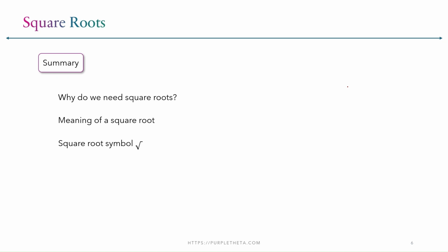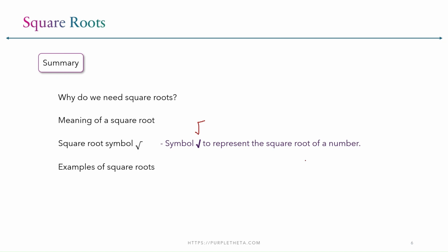We also saw the square root symbol, and we use this symbol to represent the square root of a number. We also saw examples of square roots, such as square root of 25 is equal to 5 and square root of 169 is 13.